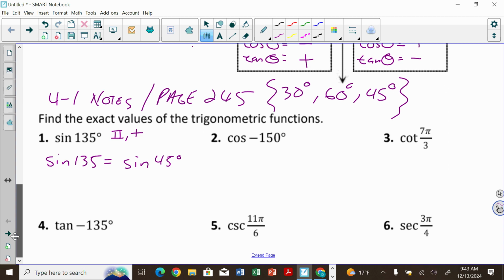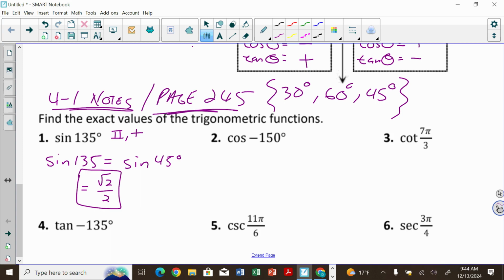So I can keep it positive and just worry about the sine. Now I look at my chart: the sine of 45 is square root of 2 over 2. That's by looking at my chart or my 4-1 notes to get the exact value. The hardest part here is getting the correct reference angle and getting the sign.